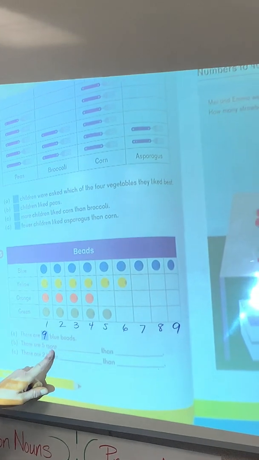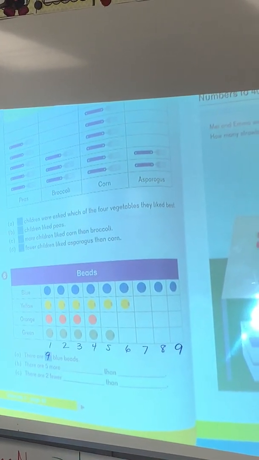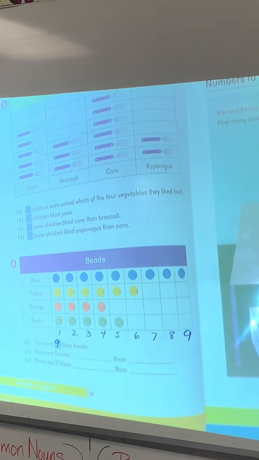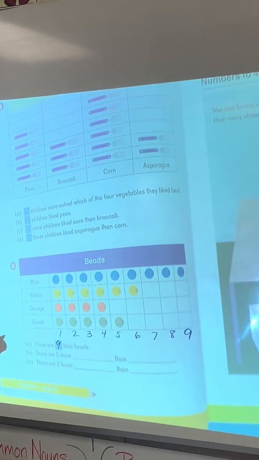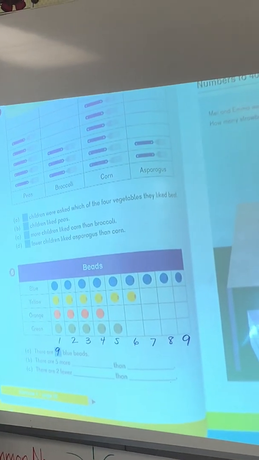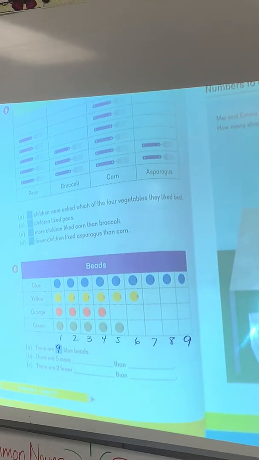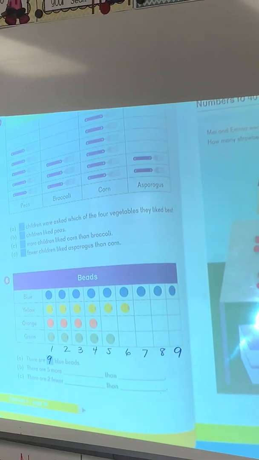There are 5 more blank than blank. Ooh, that's a tough one. There are 5 more blank than blank. Let's see if we can look at that from a perspective of there are 5 more.